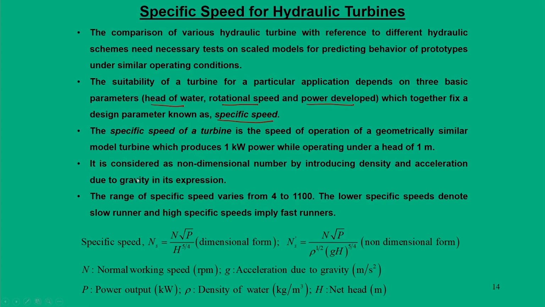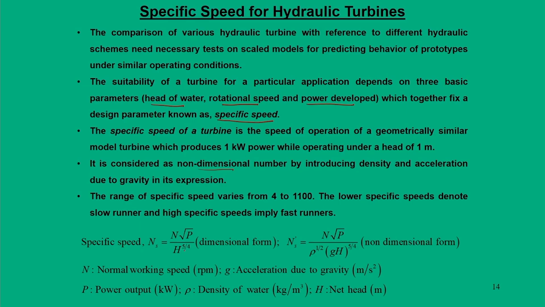There are two things here you need to focus on. First, it can be a non-dimensional number or a dimensional number, and through a variety of considerations of the similarity rule, the specific speed of a turbine is defined in a dimensional form, that is N into square root of P divided by H to the power 5 by 4. Now, the analogous term to this is a non-dimensional form.